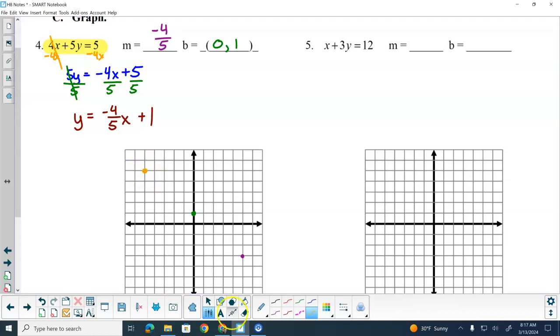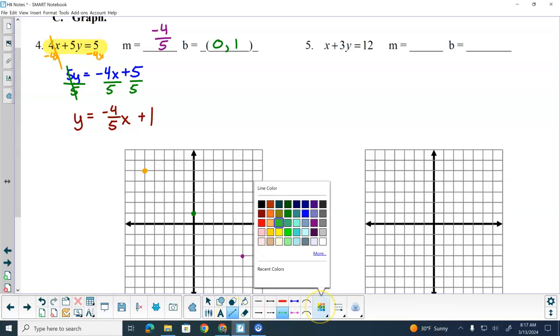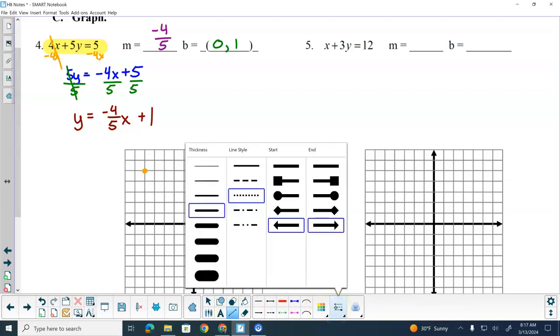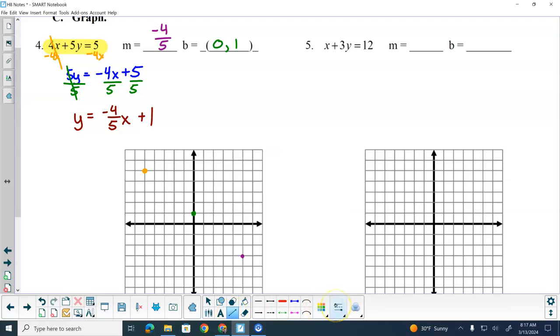And then we draw in our line, making sure that our line goes through all of our points.